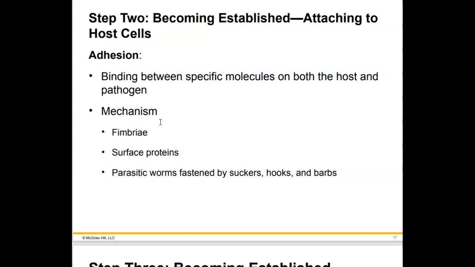So there's a wide variety of different mechanisms. A lot of times it's the surface proteins tricking the cell, using a certain type of molecule on the outside that will bind to a receptor on the host cell, saying, okay, I'm something that you normally bind to, so come on, let's make a connection.